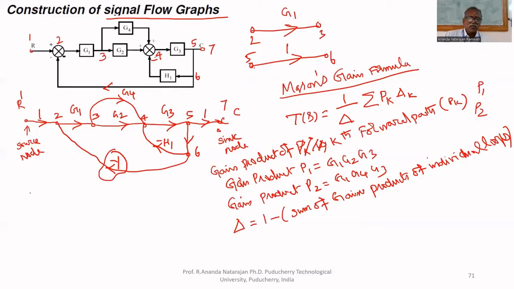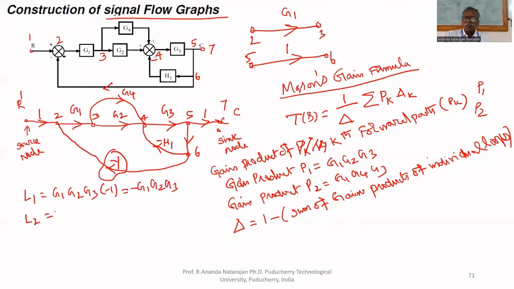What is the first loop? L1. L1 equals G1, G2, G3 times minus 1. Therefore, L1 equals minus G1, G2, G3.